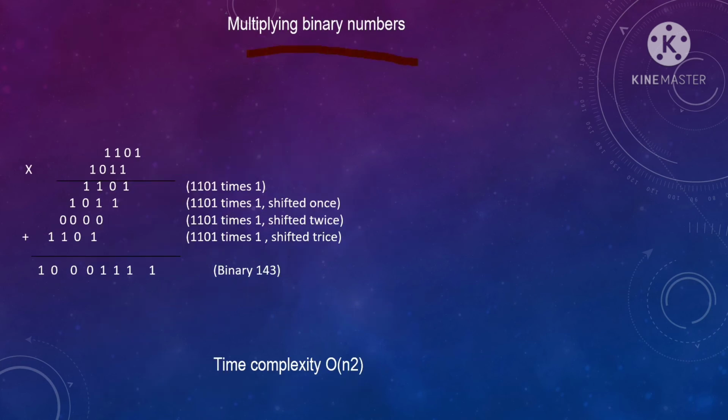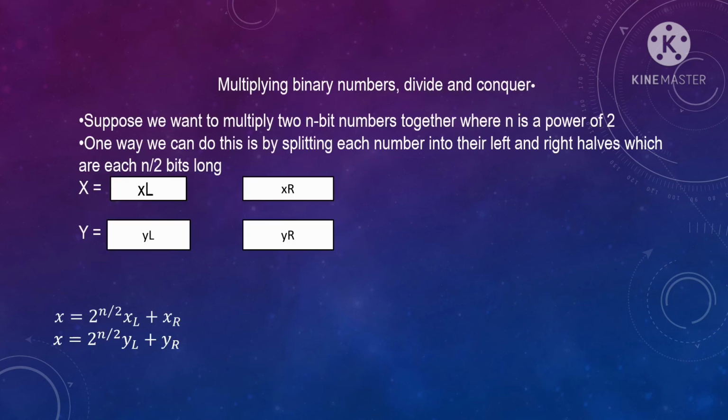Multiplying binary numbers: 1101 times 1011. 1101 times 1, 1101 times 1 shifted once, 1101 times 1 shifted twice, 1101 times 1 shifted thrice. The time complexity is O of n squared.